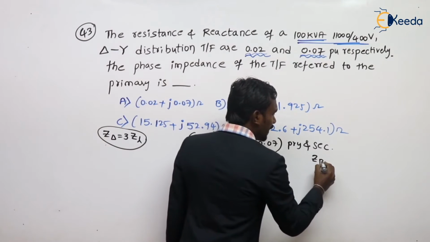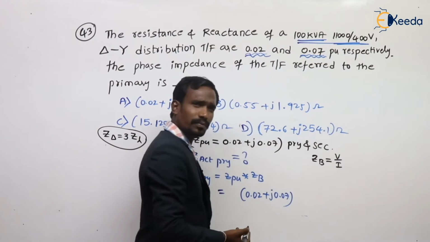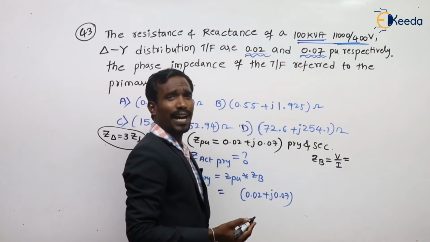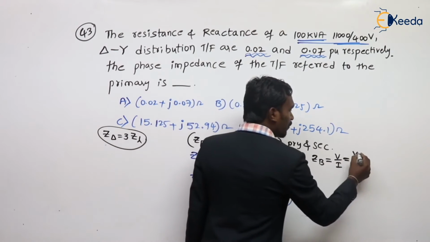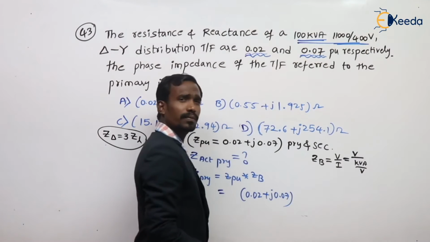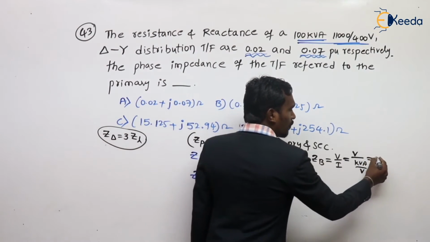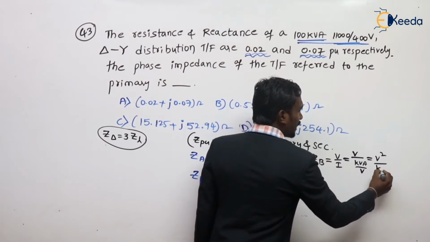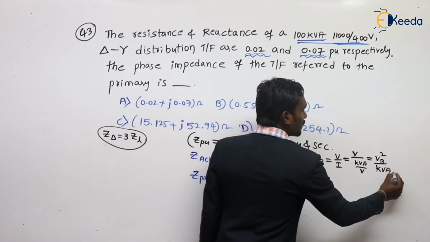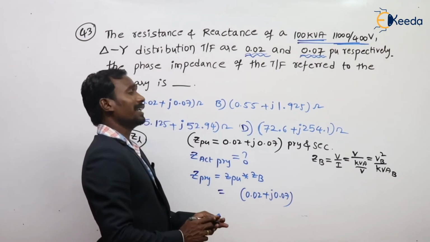Generally, Z base is equal to V by I. Of course we know V, but we don't know I. How can we calculate it? I is kVA by V. So finally Z base is equal to V base squared by kVA base.